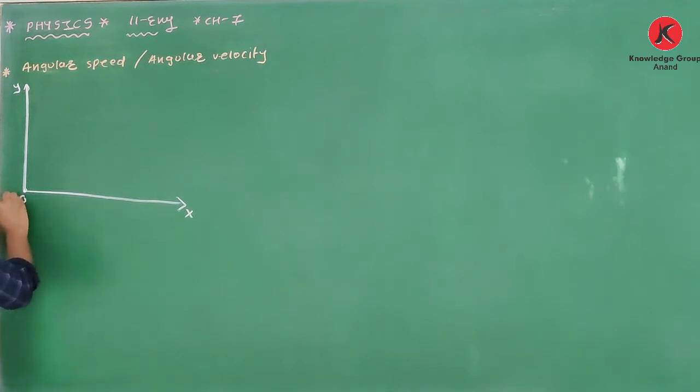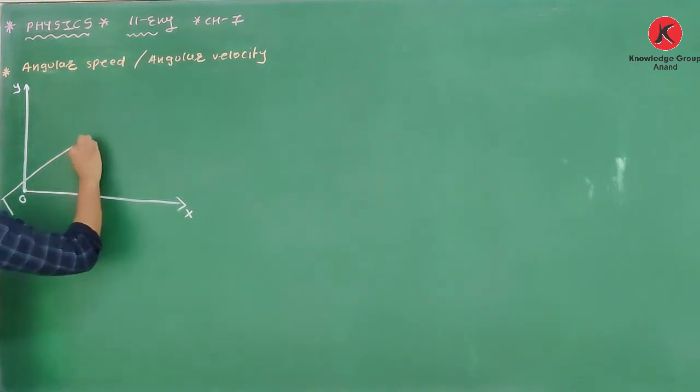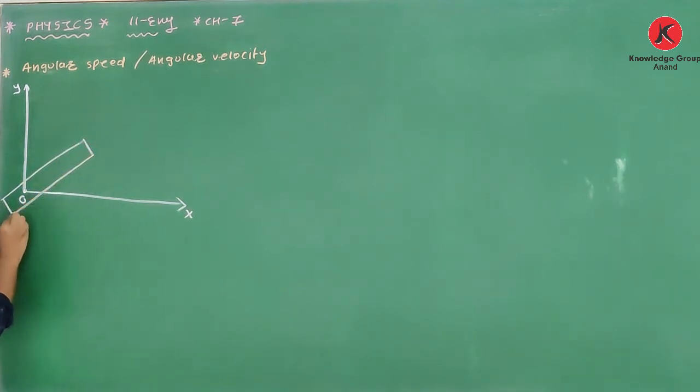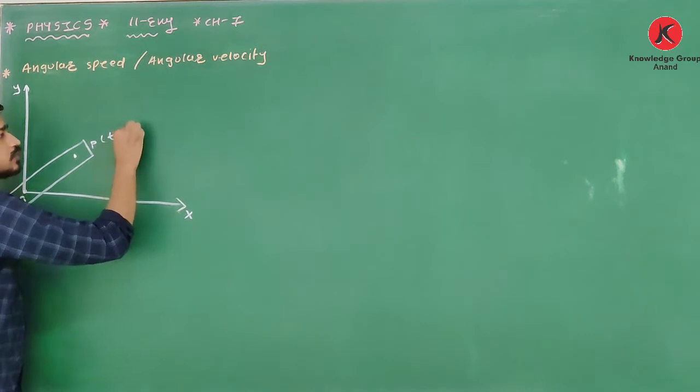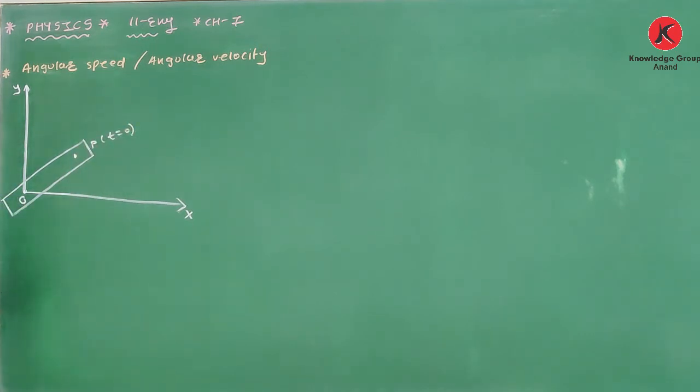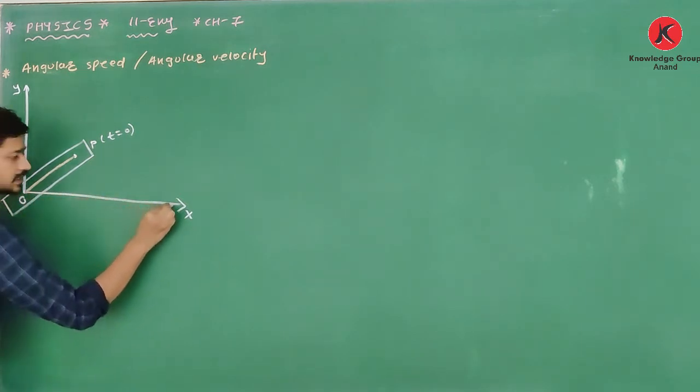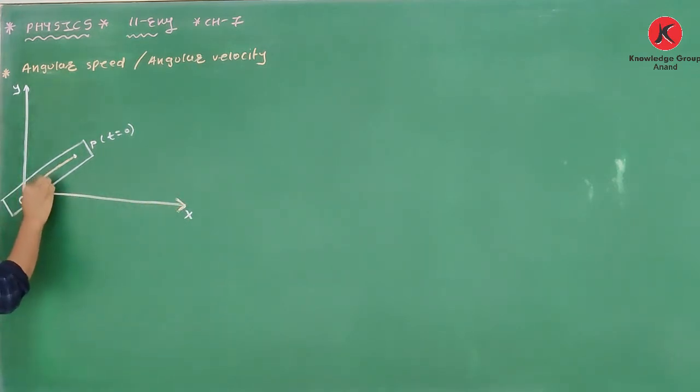One rigid body is like this. One point is at P at time t equal to 0. Connect this point with the center. It makes some angle with the x axis, and it is called its angular position, that is theta.